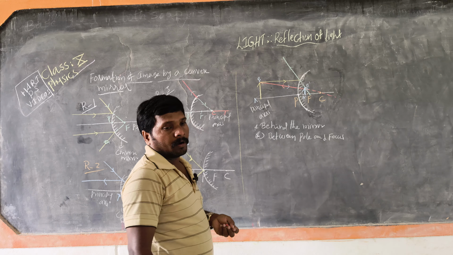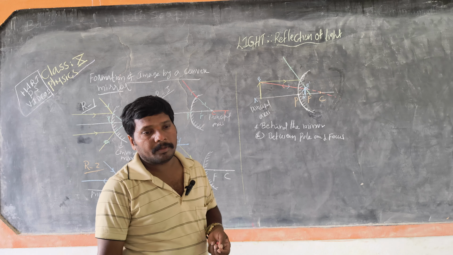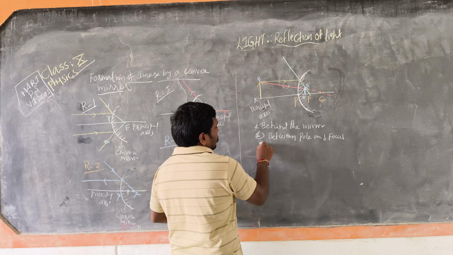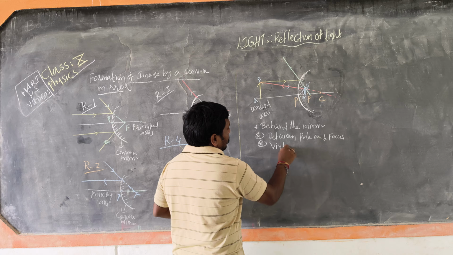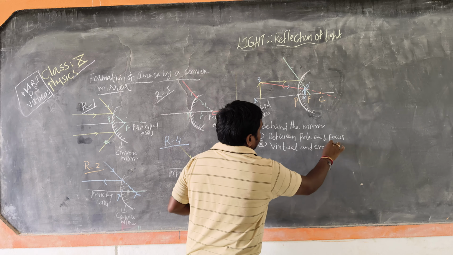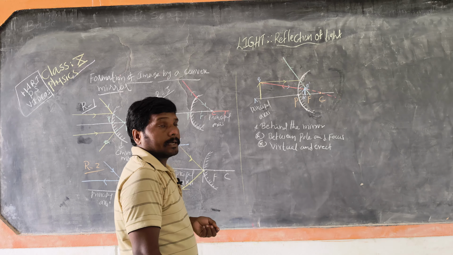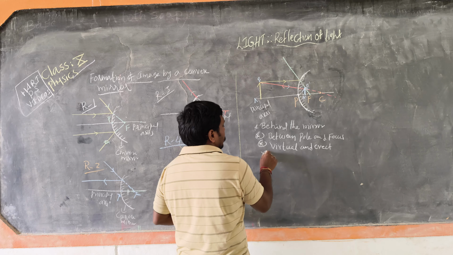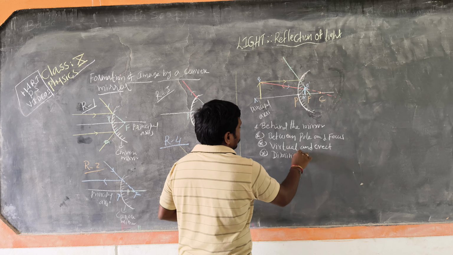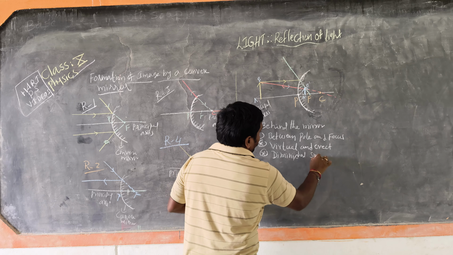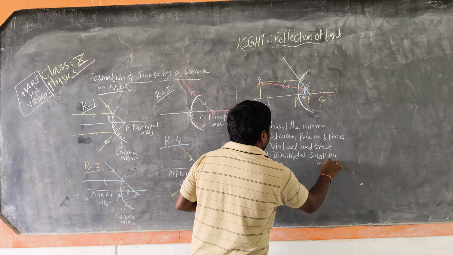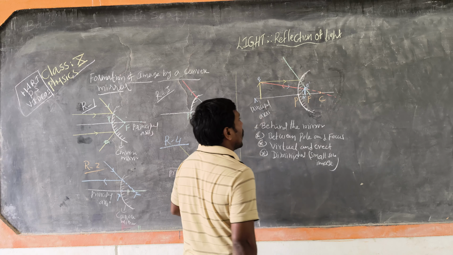It is a virtual and erect image. Then it is a diminished image, that means a small size image is obtained.